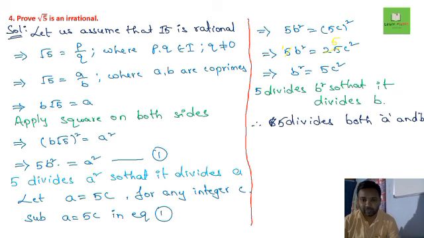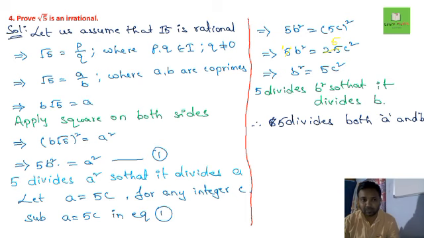Therefore, if our assumption is false, then we can conclude that root 5 is an irrational number. 5 divides both a and b. This contradicts the fact that a and b are co-prime numbers, so our assumption is false.